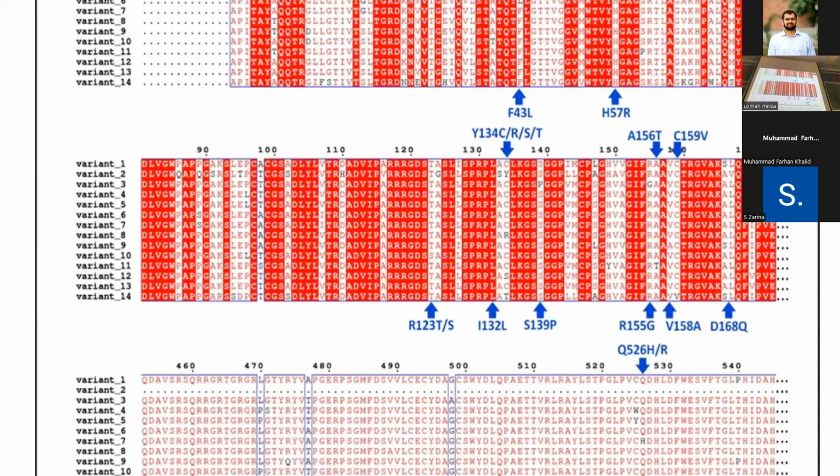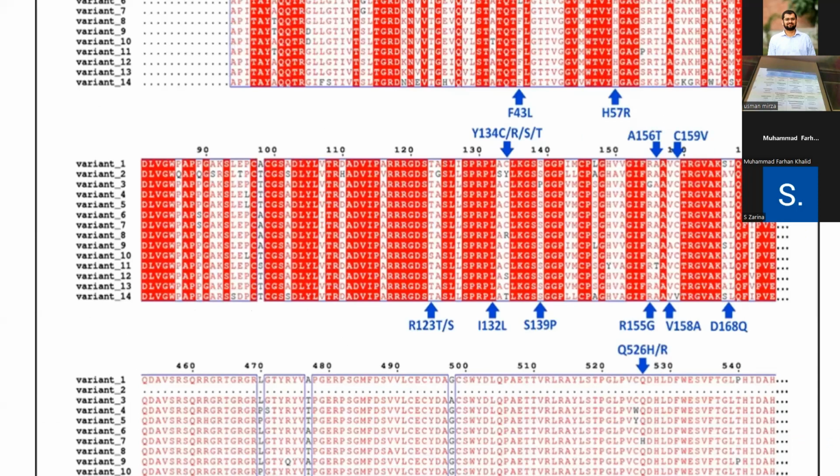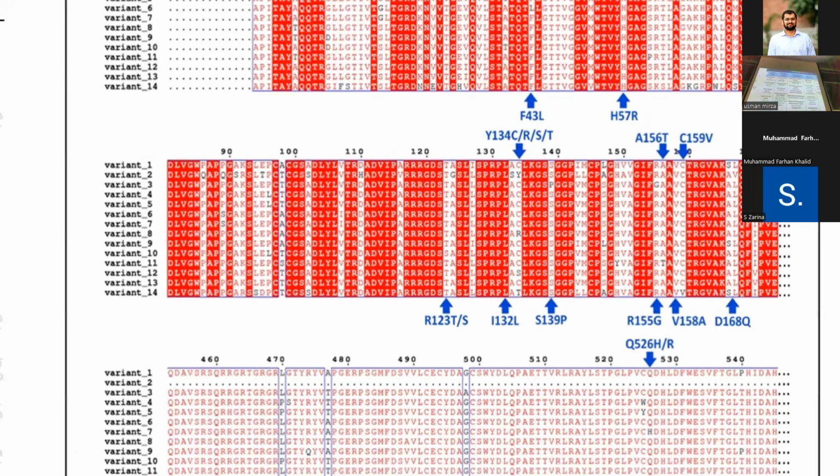These 14 variants came up from how many total samples? 200. And how frequently does this site get mutated, this serine where this particular compound binds? There was only one variant we could identify, which is representative.